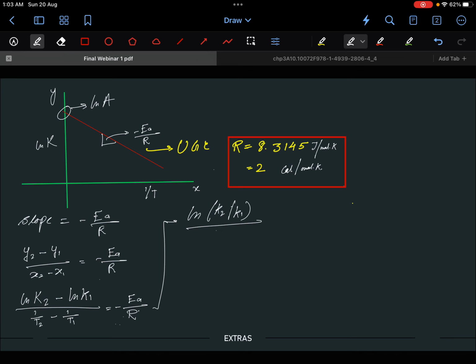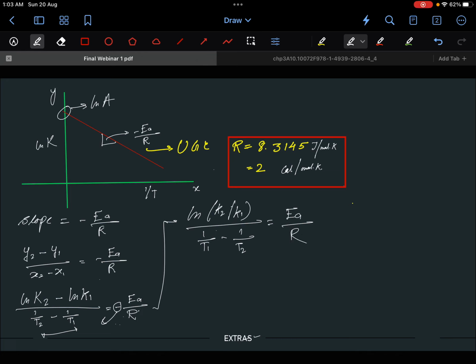Okay, so if we bring this to this side, the T1 and T2 will be reversed, 1 by T1 minus 1 by T2, and now the minus sign will not be here.